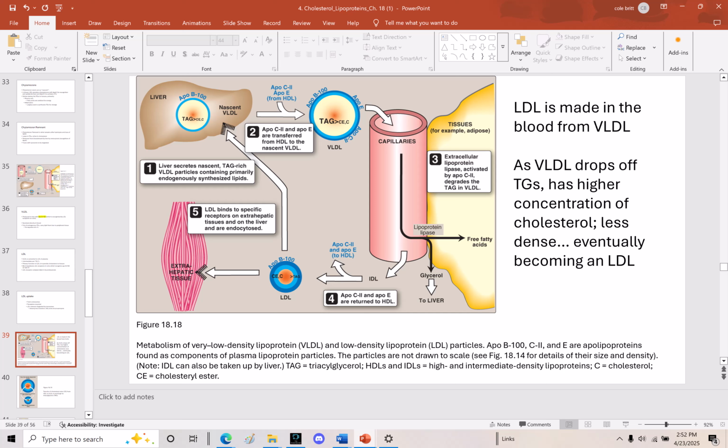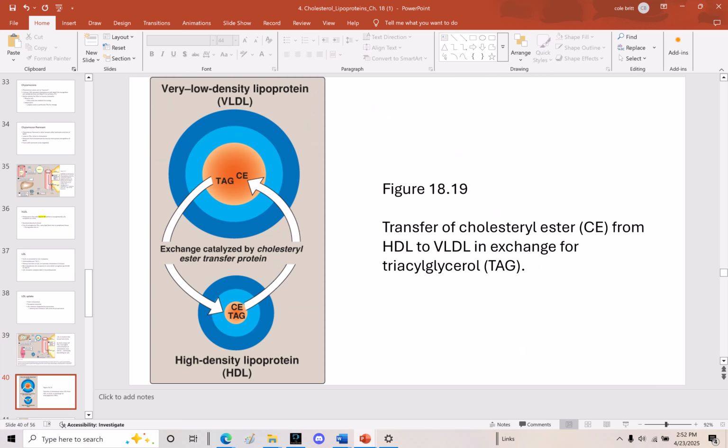So LDL is made in the blood from VLDLs. As VLDLs drop off their triglycerides, they end up with a higher concentration of cholesterol, they become less dense, eventually becoming LDL. So again, the job of very low density lipoproteins, here you see all the triglycerides.